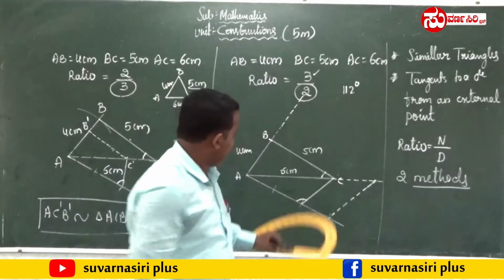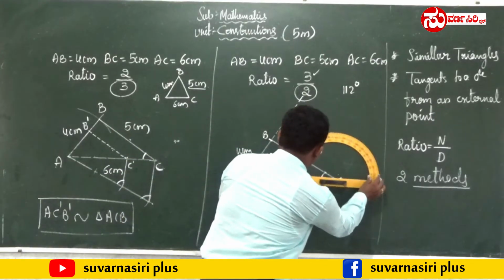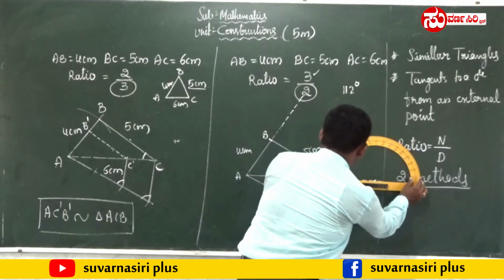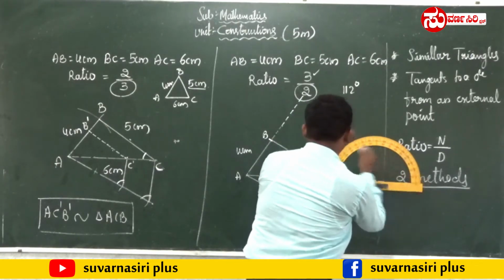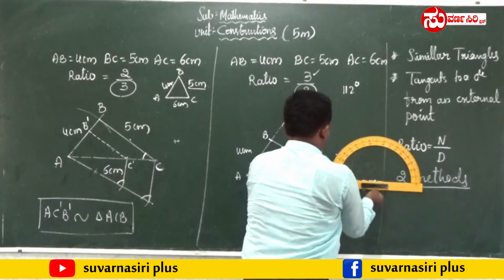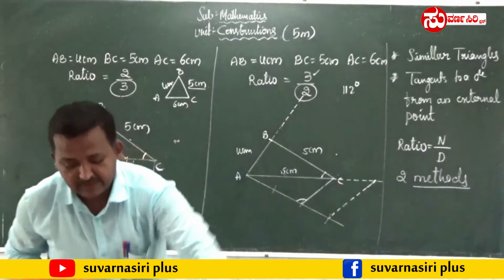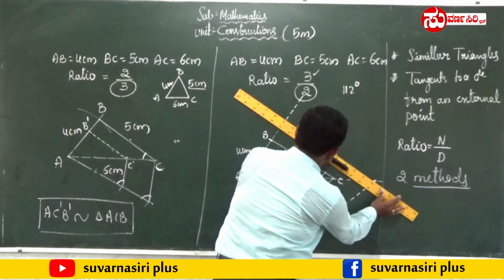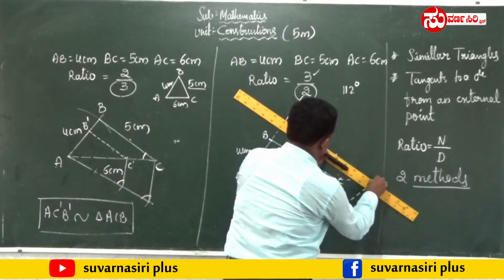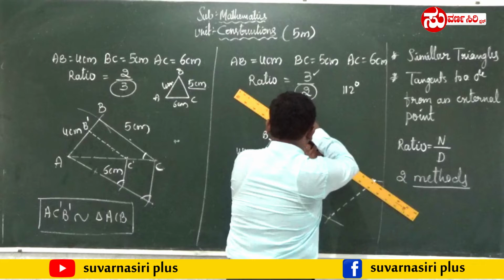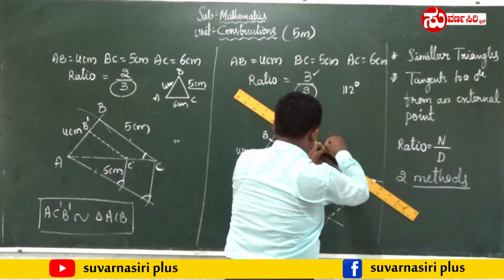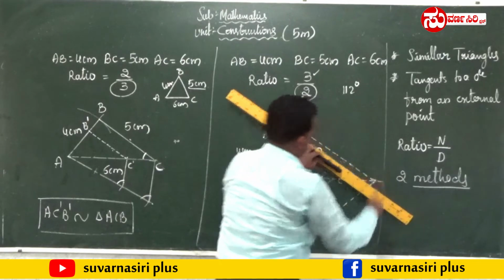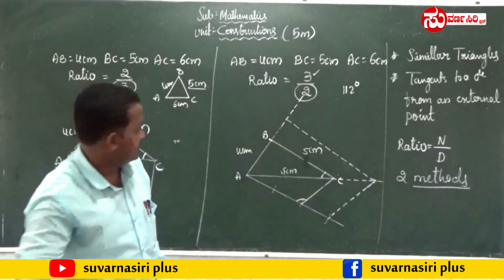Even we have to measure this angle as we have measured here. The same angle should be constructed at this point. That is around 30 to 32, so I am taking that. Then join that line from that point. So here is the triangle.